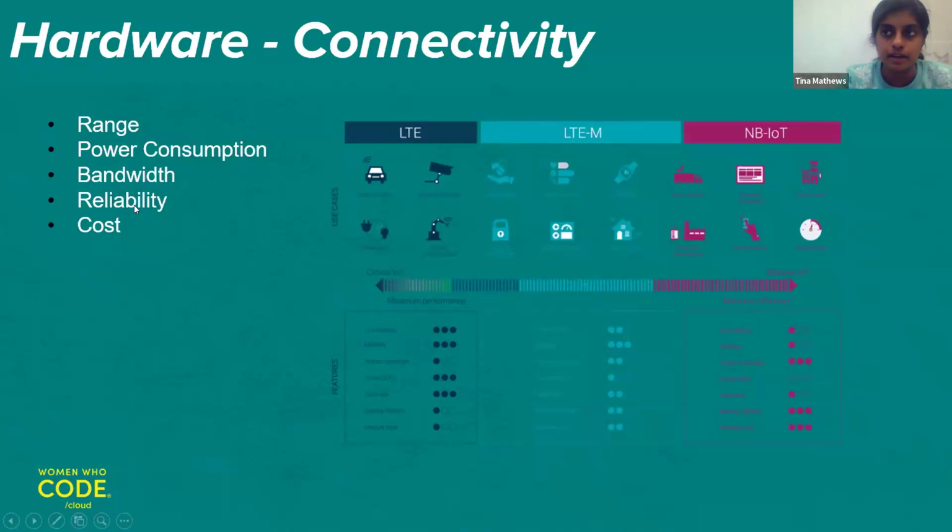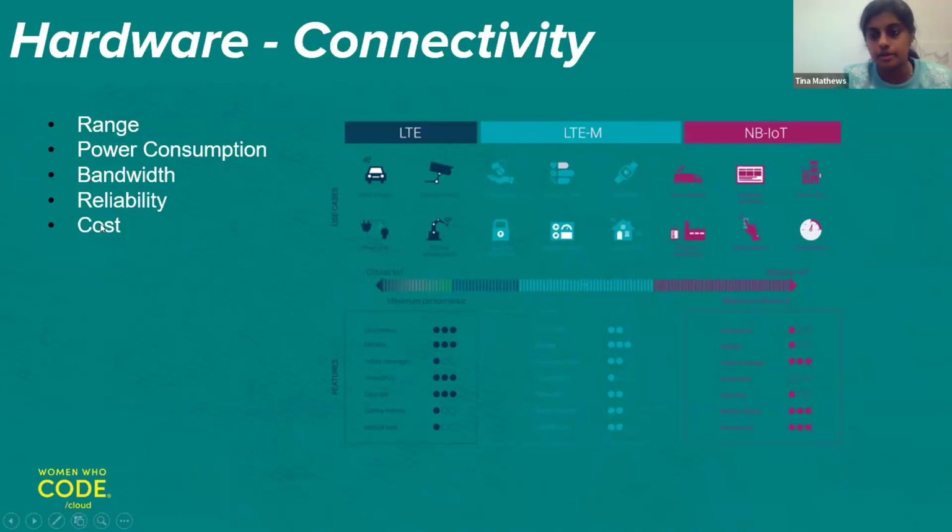Whereas if it's something like a smart home, it could be just a device malfunction or maintenance that is required, which is lesser in terms of reliability requirement.